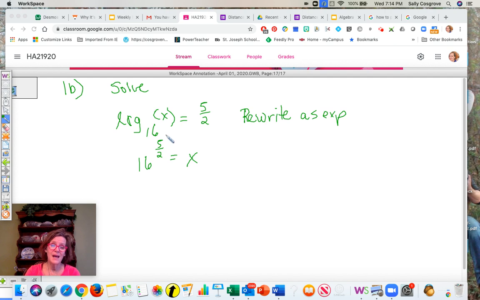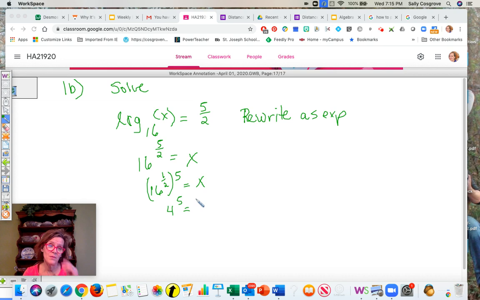And again, this is a rational exponent. The numerator gives us the power. The denominator gives us the root. So I'll just ask you, this is going to be a big number, but do we know what the 1/2 power of 16 is? Don't we know what the square root of 16 is? Well, sure, the square root of 16 is 4. So now we have what? 4 to the 5th power.